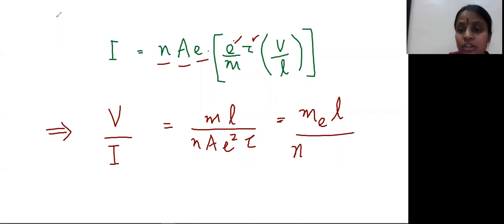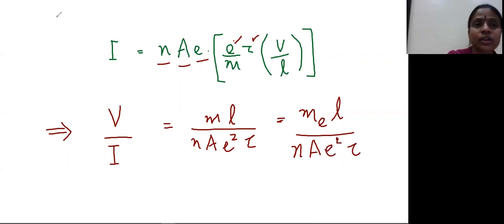N is the charge density of the given material of the conductor, which is not going to change under normal conditions. So that remains a constant. Capital A, the area of cross section of the wire, that is also going to remain constant under the given experimental conditions. And then e, charge on an electron.